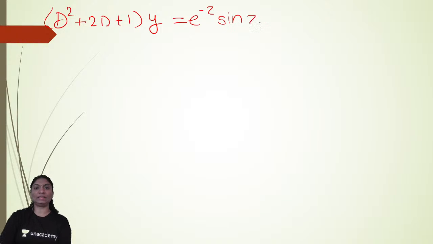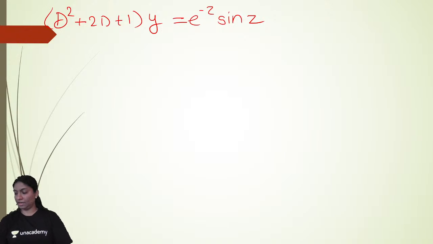Now if you observe, your differential equation becomes a linear differential equation with constant coefficient. Compared with the general form of the linear differential equation with constant coefficient, it is now converted into this form. So now we will solve this differential equation with constant coefficient by using our usual rules.